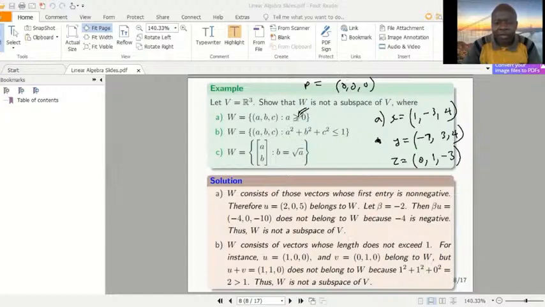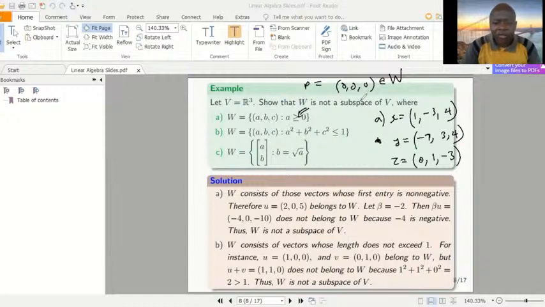Yes, it fulfills this condition, so this vector is in W. Nothing is said about the second element and the third element. They can be any number. We are only interested in the first element. That means this set has the zero vector.